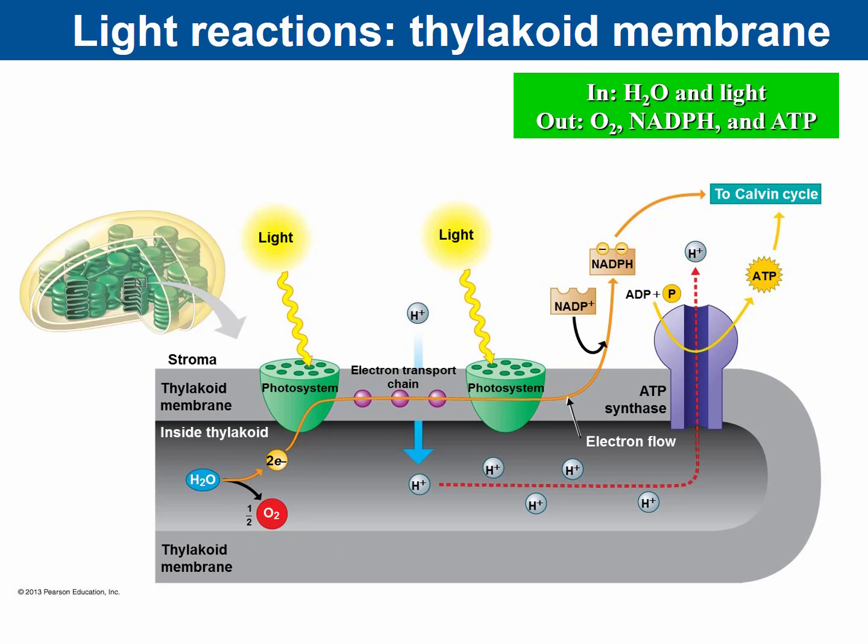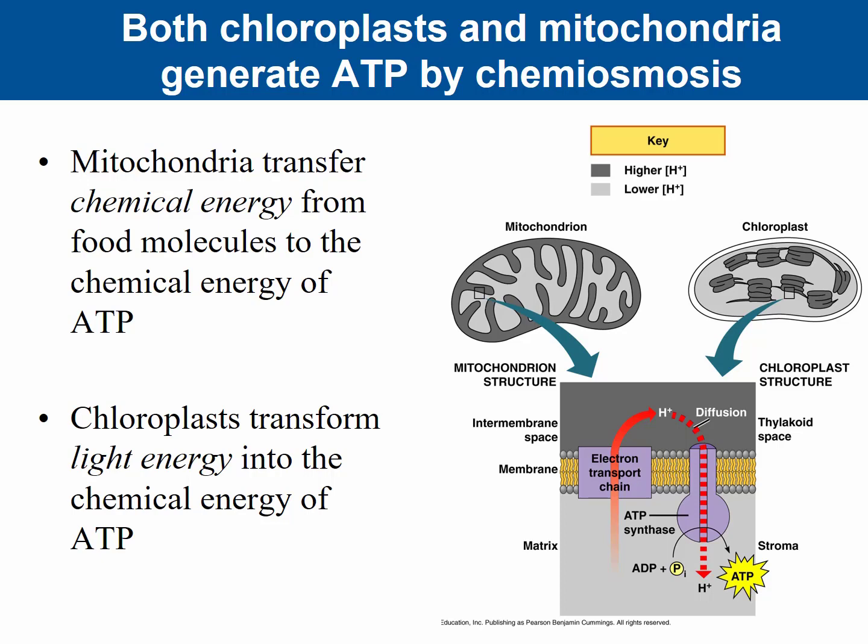And so this is just showing you that both the chloroplasts and the mitochondria both generate ATP using chemiosmosis, so using the energy in the hydrogen ion gradients to drive cellular work. Now, mitochondria are going to transfer chemical energy from the food that you eat to chemical energy in the form of ATP.